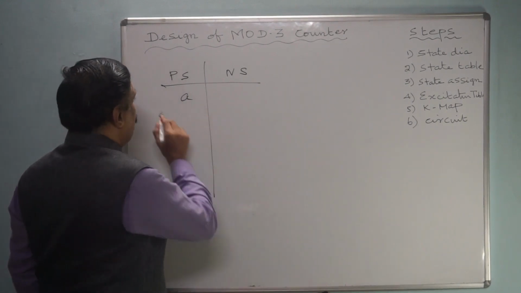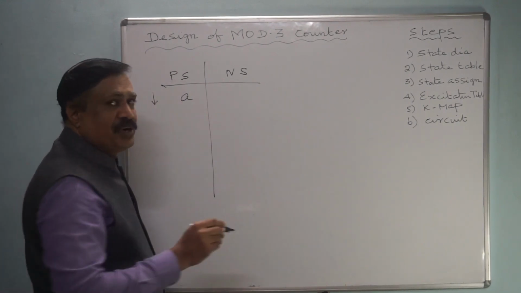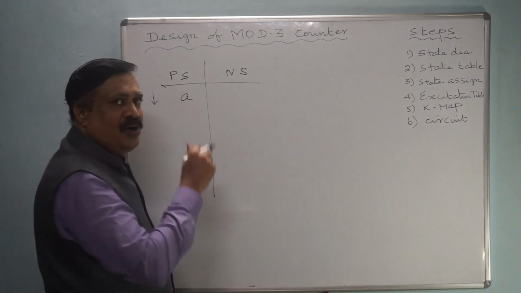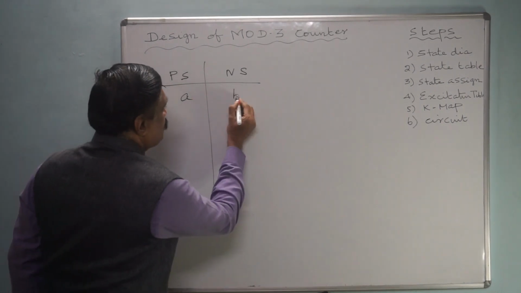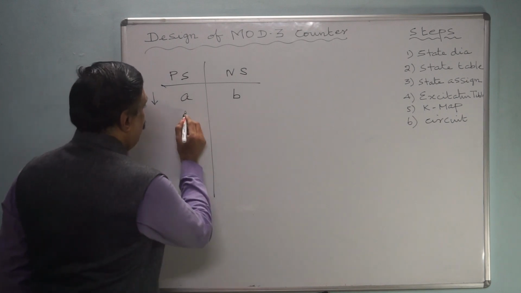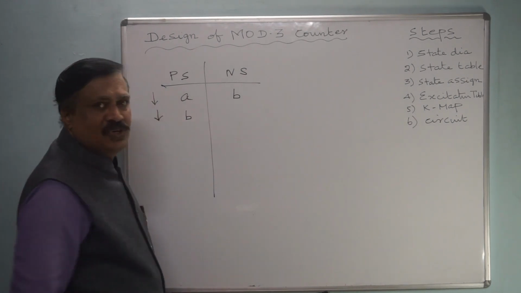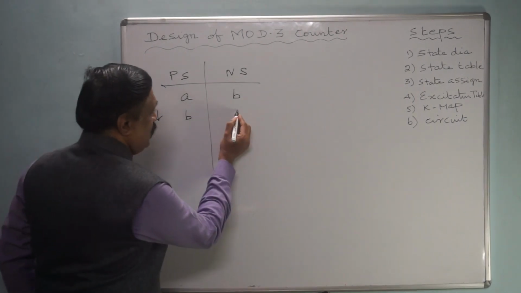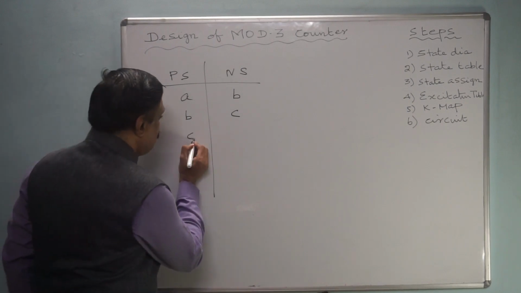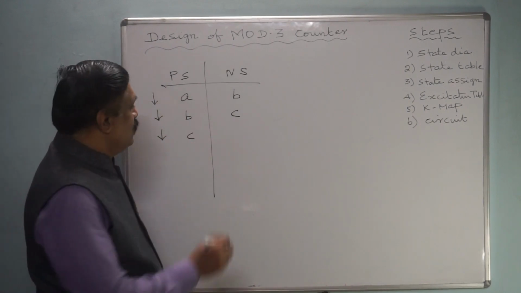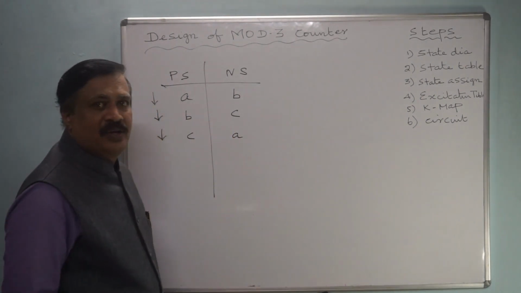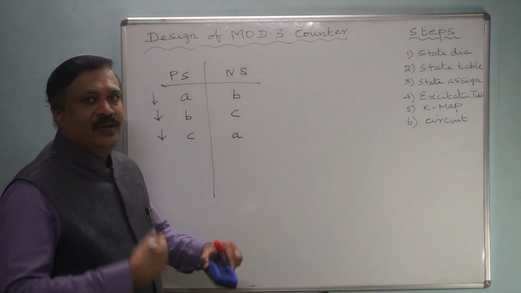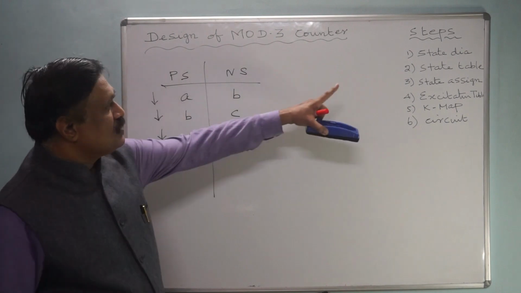And for the next state, if you give a clock pulse, whether negative triggering or positive triggering, then from state A it goes to state B. Now for state B, you give a clock pulse, then it will change to C. When it is C, you give another clock pulse, then it will go to A. After A, B again, it repeats the process. Now this is the state table.